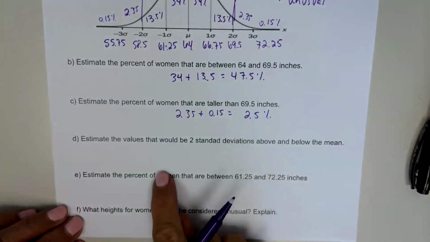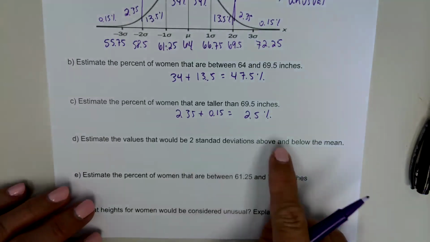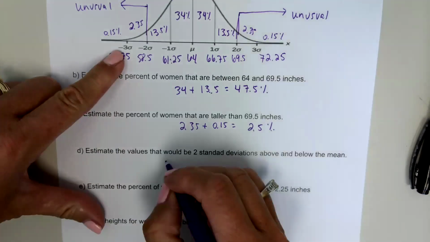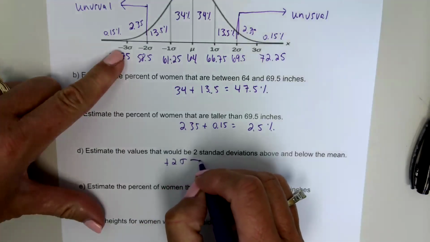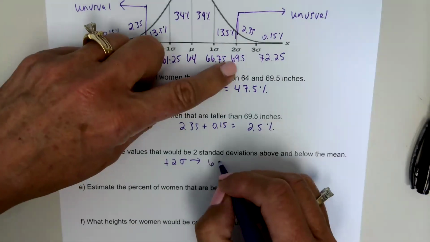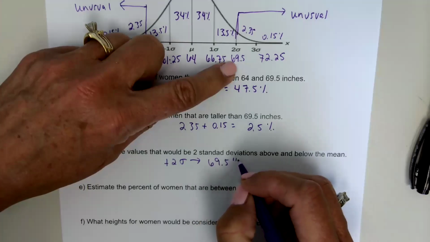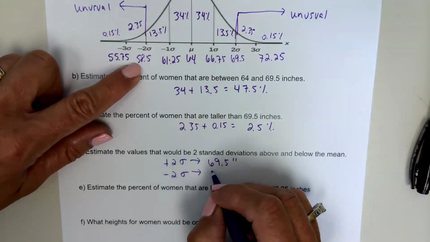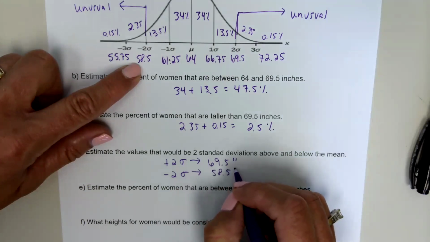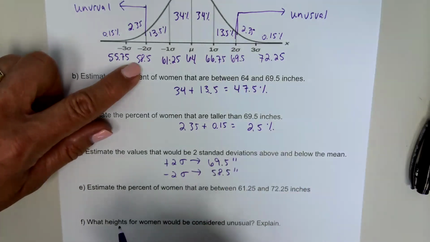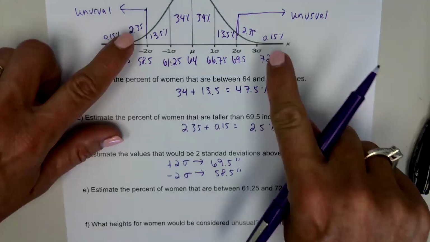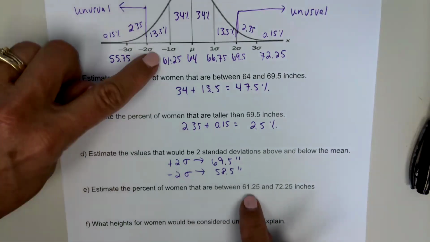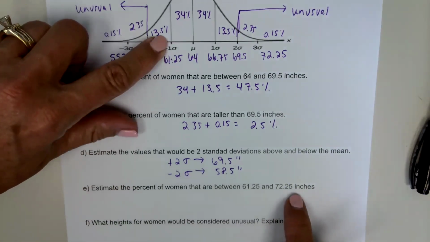Then it says estimate the values that would be two standard deviations above and below the mean. So we marked those in our drawings. So two standard deviations above, we said would be 69.5 inches, and two standard deviations below, we said would be 58.5 inches. Estimate the percent of women that are between 61.25 and 72.25.